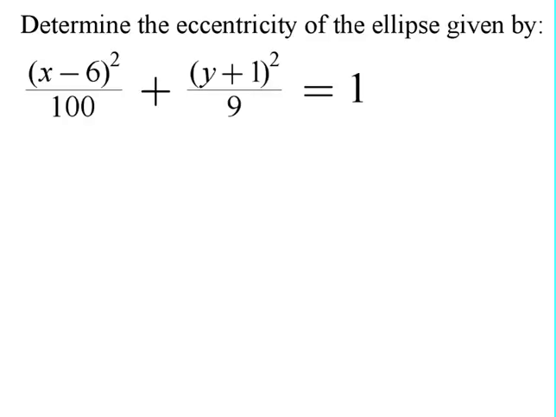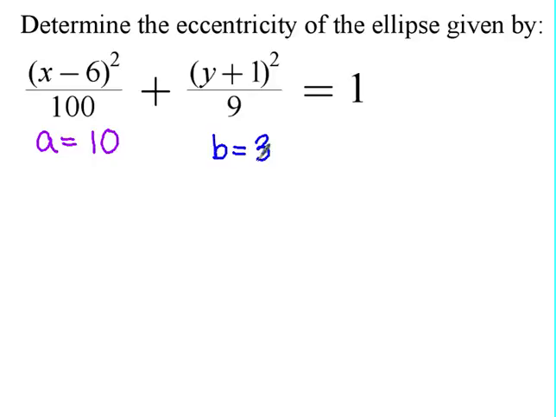In this problem, this is A, obviously. What does A equal? 10. What does B equal? 3. So remember, the eccentricity is C over A.